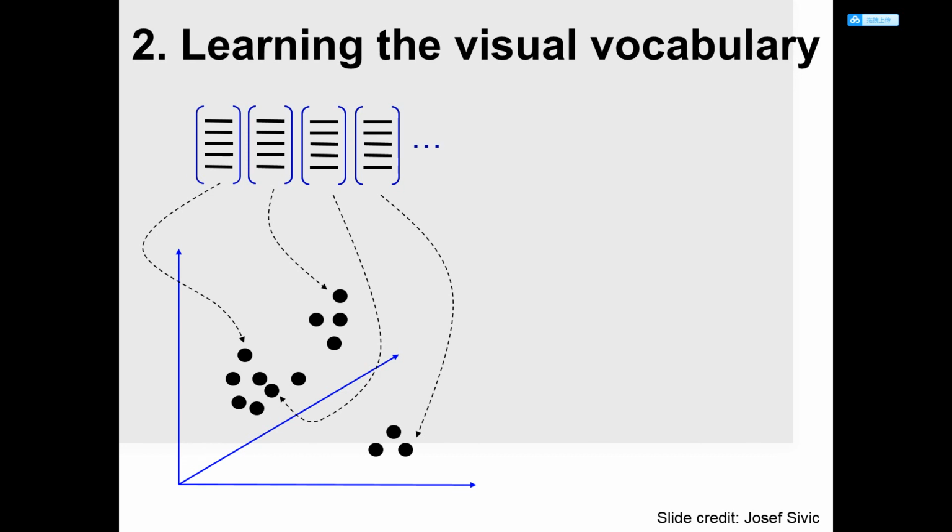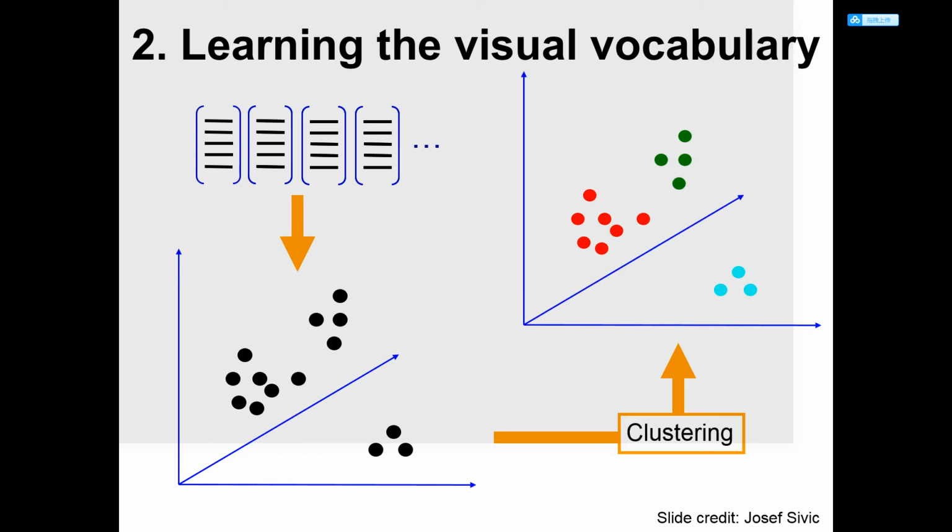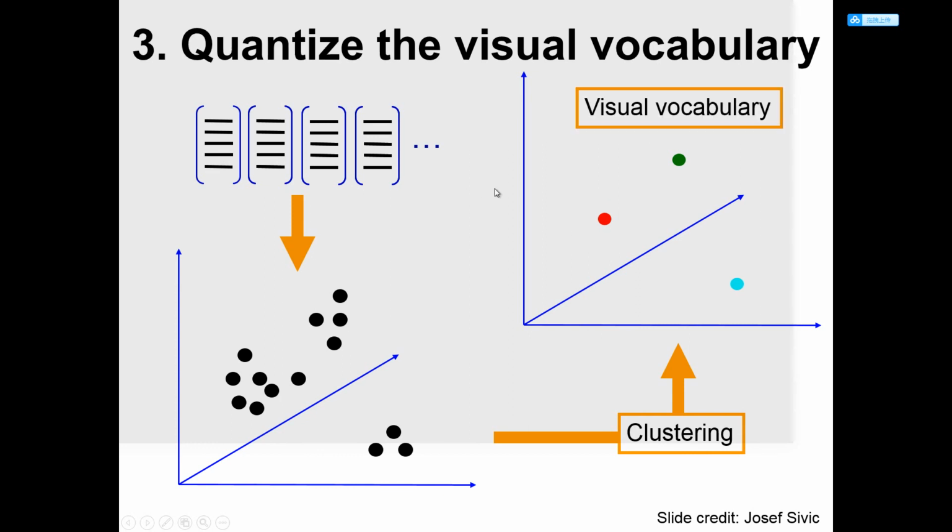Then we need to build a dictionary. In that case, we just use a simple clustering approach. You have a bunch of data, all these features, and we cluster the features together and get some representation. This will be our visual vocabulary.